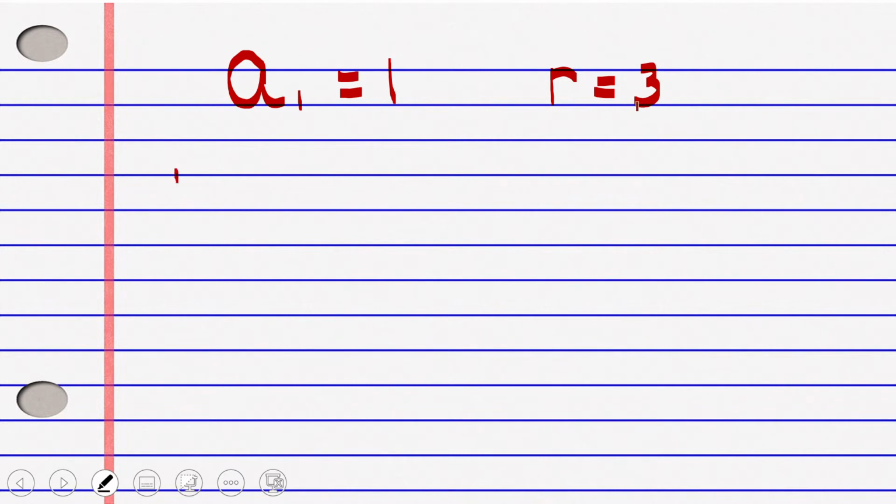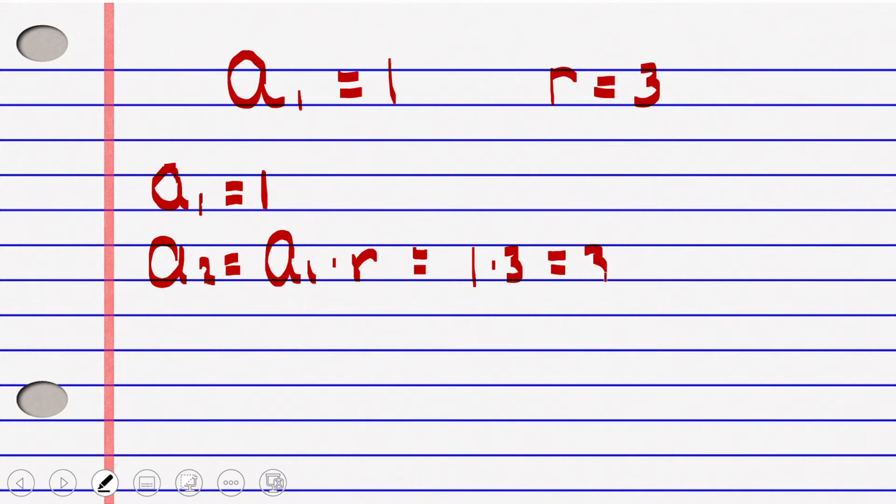So we have a subscript 1, the first term given. We have a value for that to get started. It is 1, excuse me. And then a subscript 2 is the preceding term times the common ratio. So we have a subscript 1 times the ratio for a subscript 2, the next term, and that's going to be 1 times 3, so a subscript 2 will be 3.